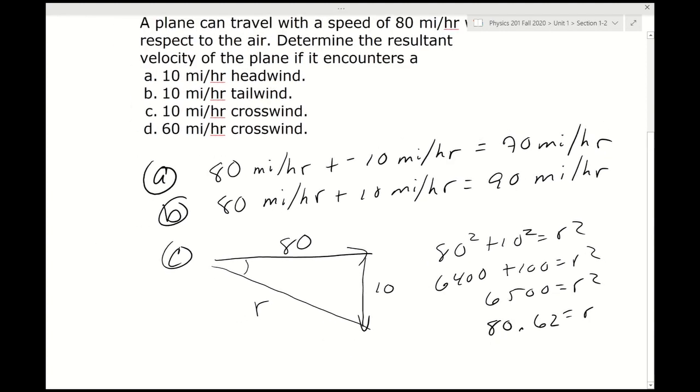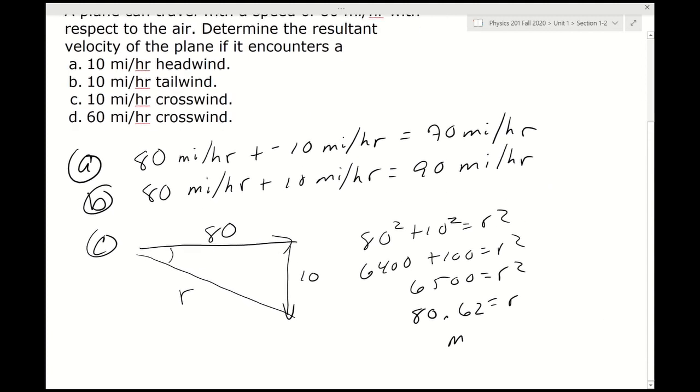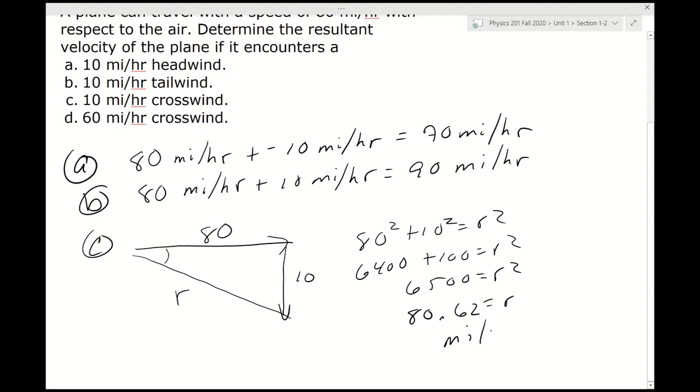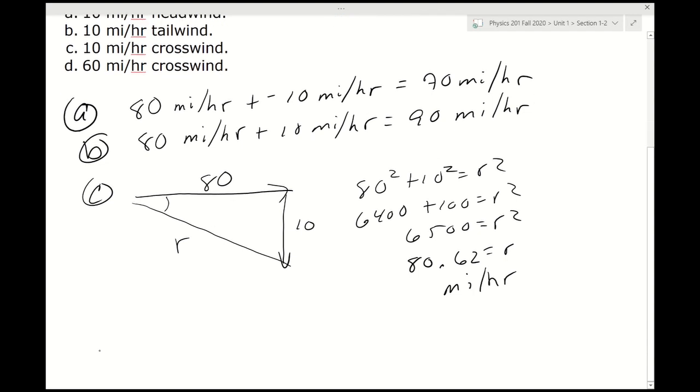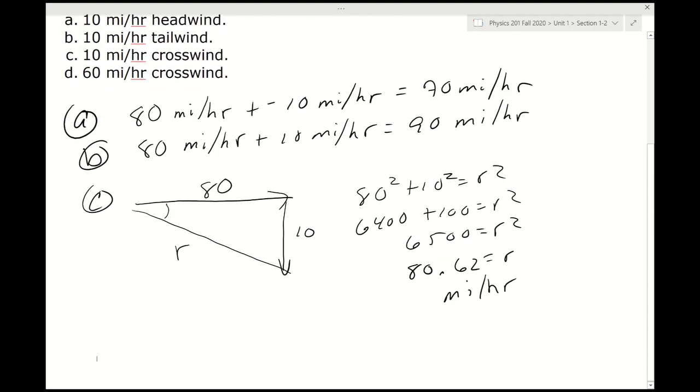80.62. Now in this one, we're not going to pay a whole lot of attention to the significant digits because our values are only one digit. And while we could, that would leave us with an 80 here. If we needed to find the angle, I'm going to use tangent of the angle theta, which is opposite, which is 10, over the adjacent, which is 80.